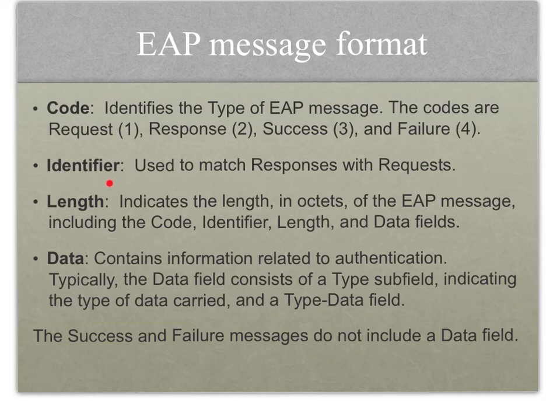And there is an identifier. When you send a request, you have to send an identifier, like a sequence number. Why? Because when you send a response, you have to specify that this response is for this particular request. You may receive multiple requests from multiple devices at the same time.